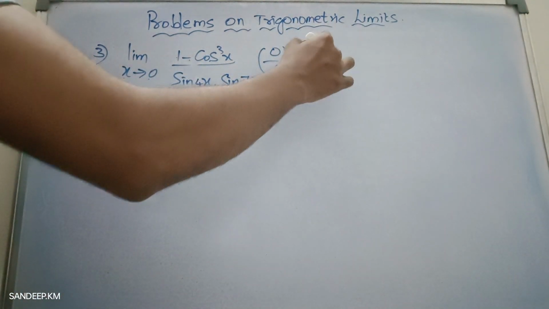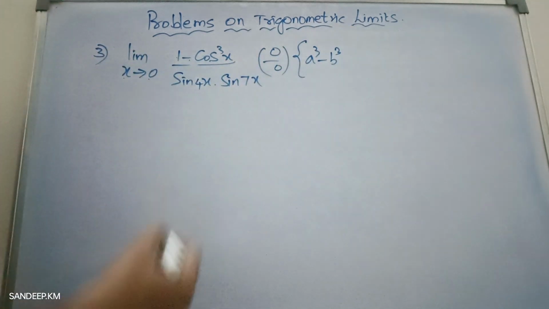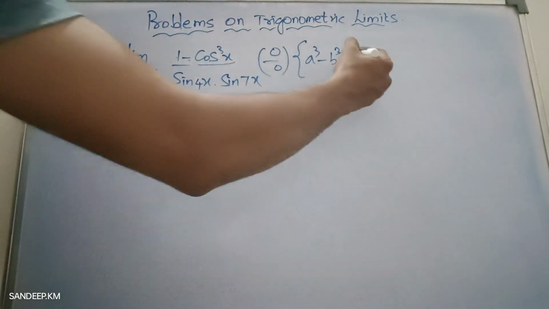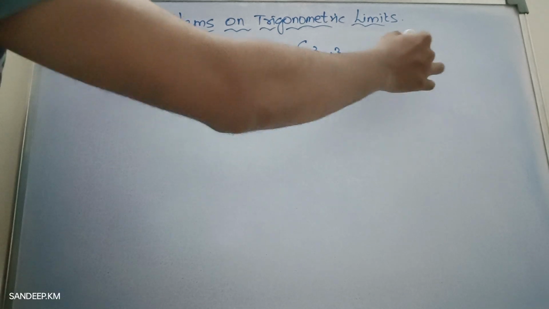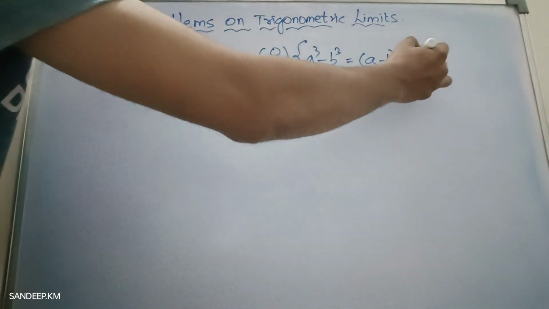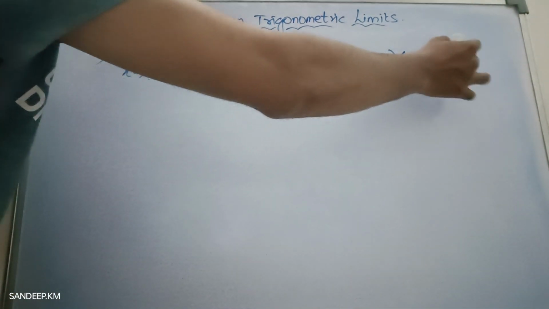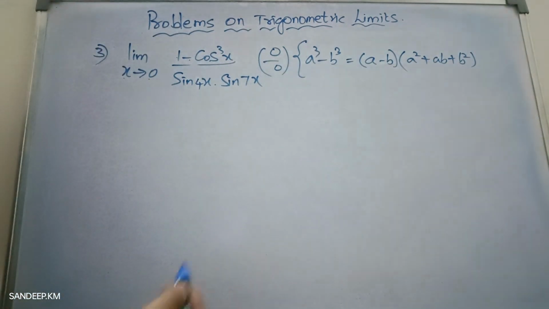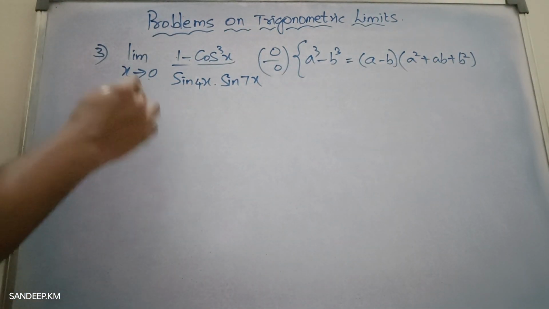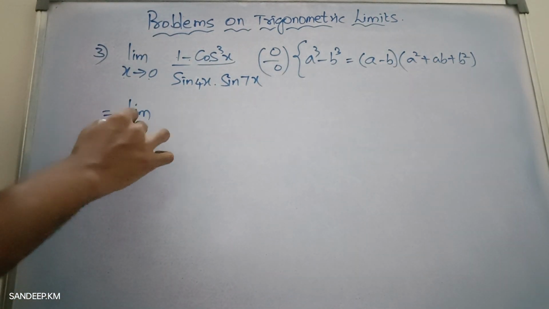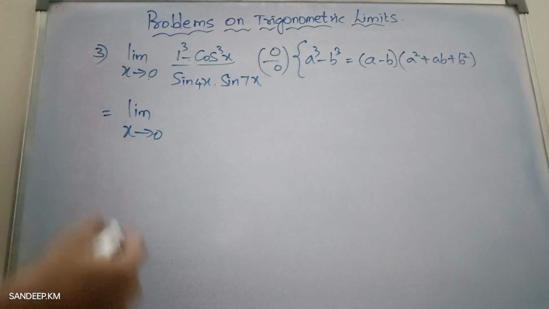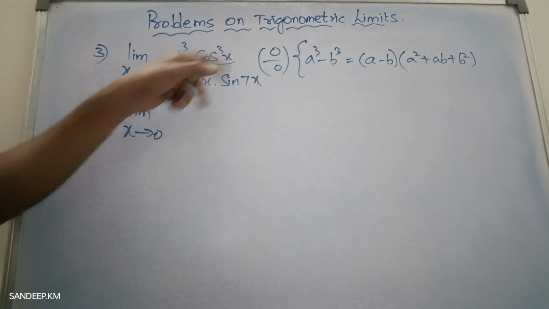What is that identity? A cube minus b cube. Very, very important identity. We will use it in many of the chapters. A cube minus b cube is once again a minus b into a square plus ab plus b square. Do remember this, students, very, very important identity. So in numerator, if I use that formula, 1 means 1 cube only. So a cube minus b cube, what is it?